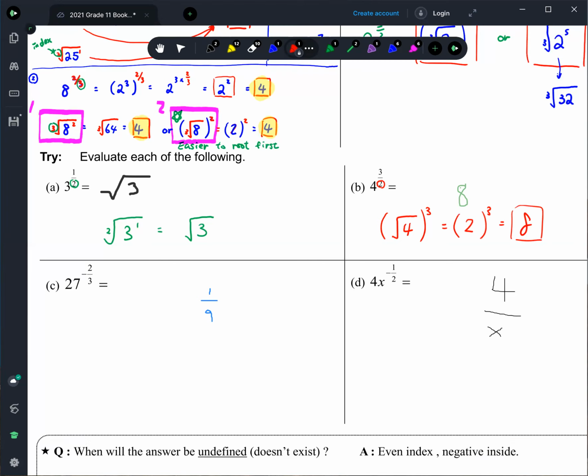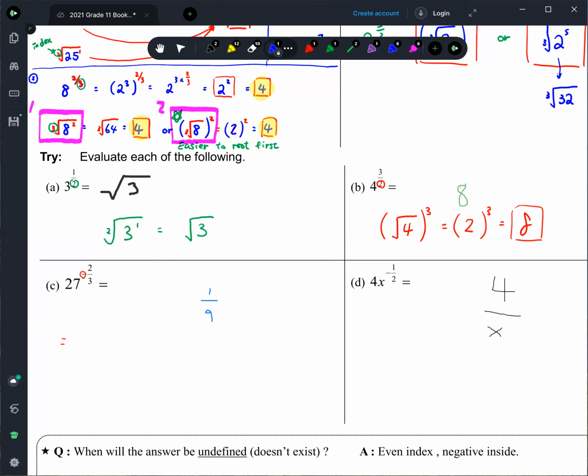Okay, and then this one, we have a negative. Remember the negative exponent we learned last time? What can the negative do to the question? Mackenzie, what does a negative exponent do? They flip, don't they? Hello, Mackenzie, are you there?